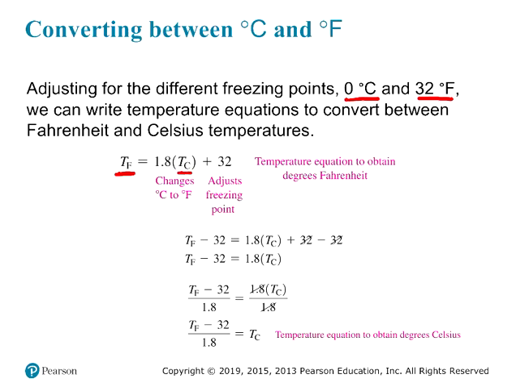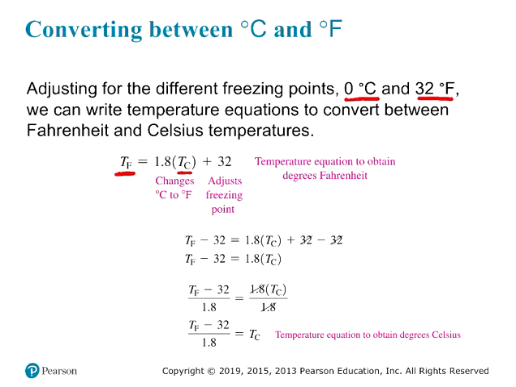What we have to do to convert Celsius to Fahrenheit is multiply the Celsius temperature by 1.8, so we're taking into account the difference in scales. And then we're also going to add 32, and that adjusts the freezing point of water.